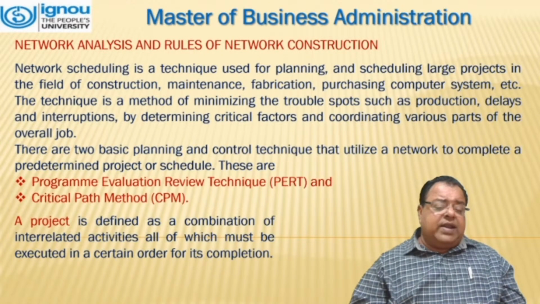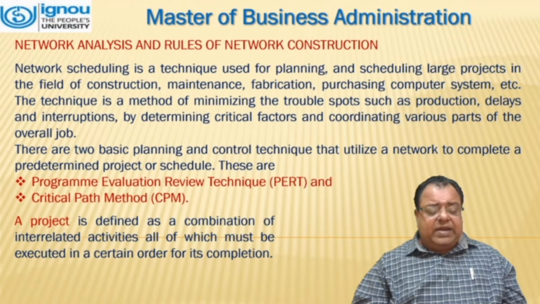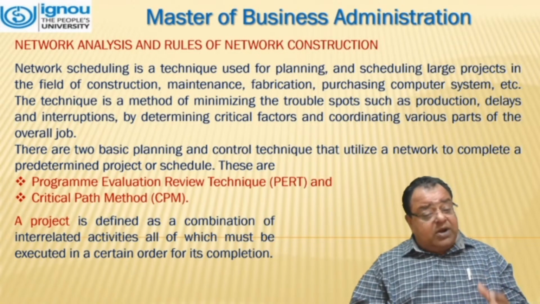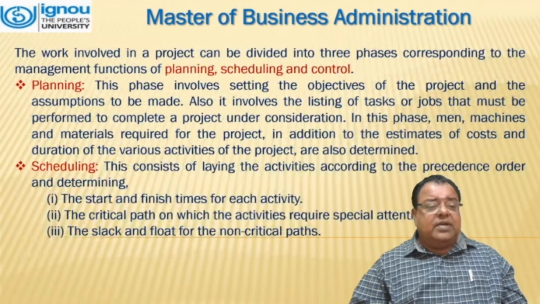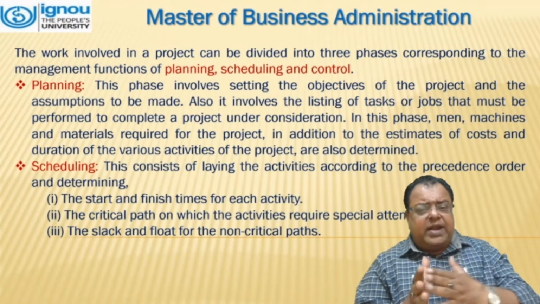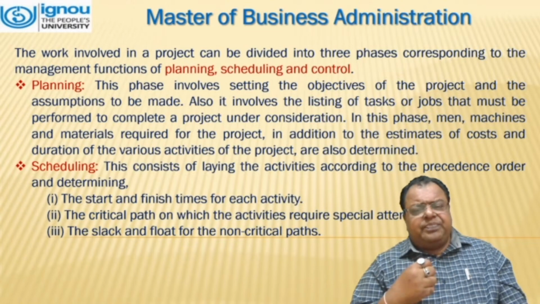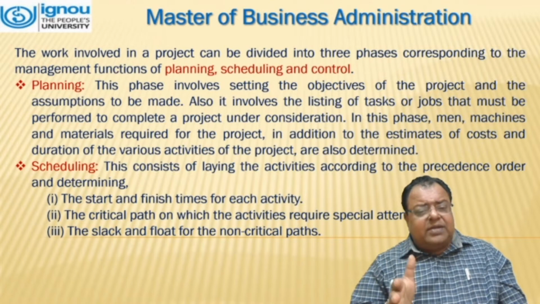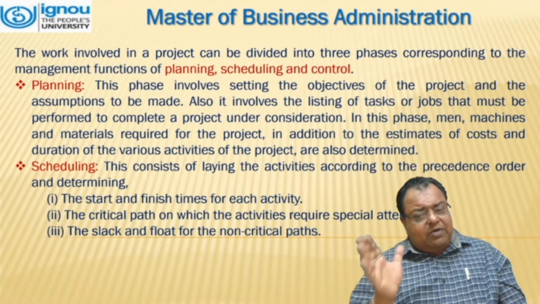A project is defined as a combination of interrelated activities, all of which must be executed in a certain order for its completion. The work involved in a project can be divided into three phases corresponding to the management functions of planning, scheduling, and control.